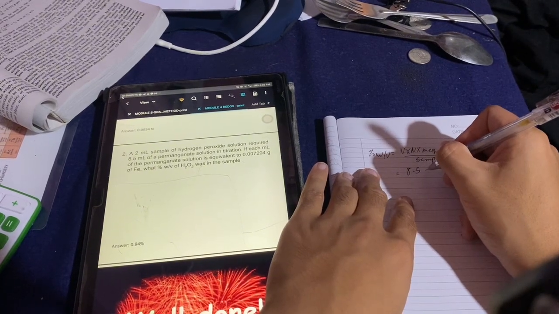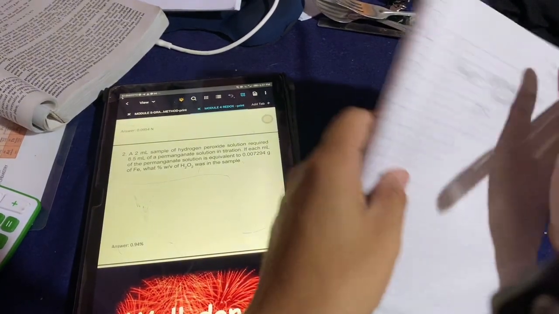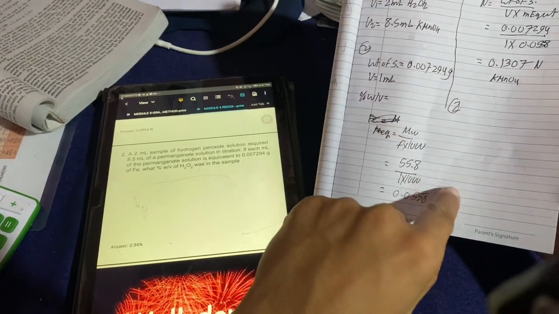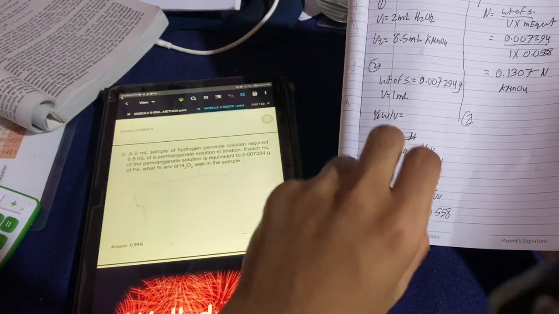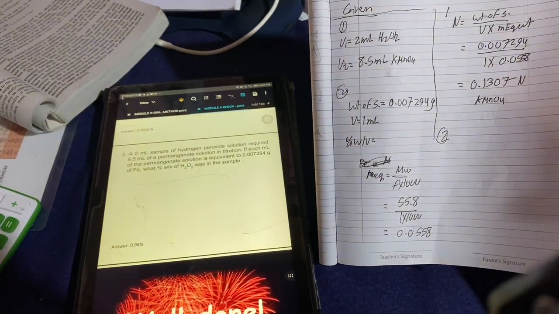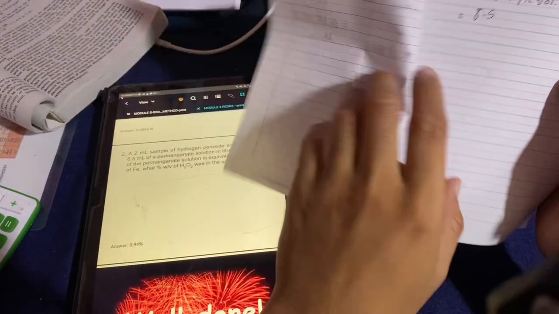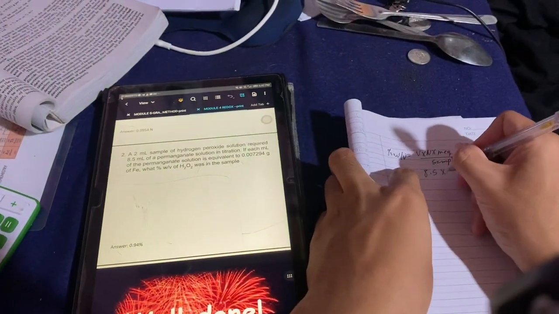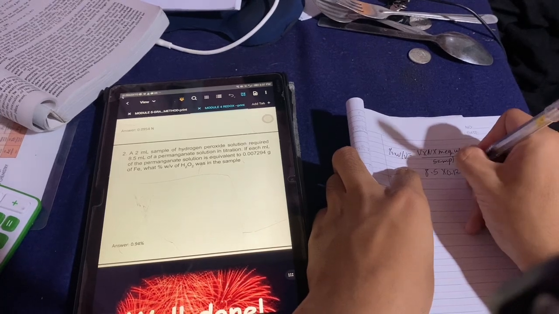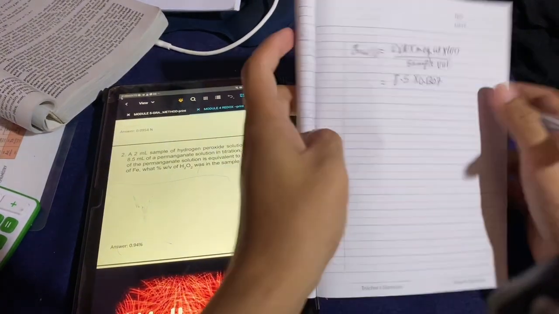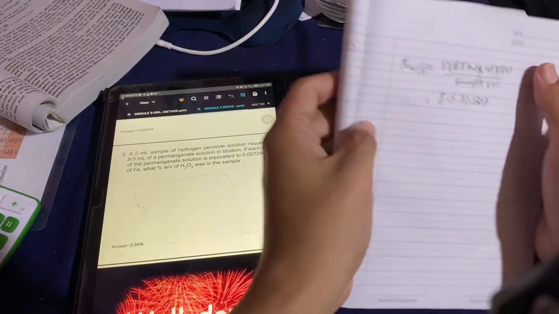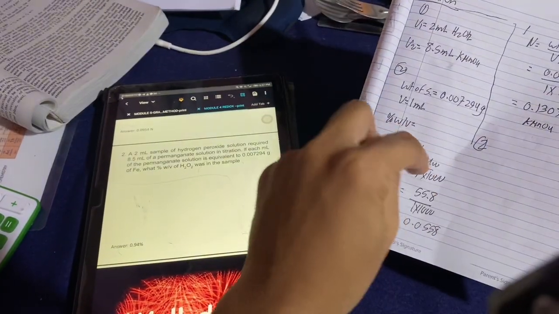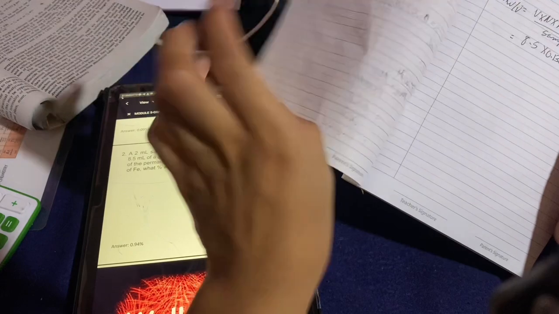Then the normality will be the normality that we found, because this is now the normality of the titrant, which is 0.1307. Then the milli equivalent weight.